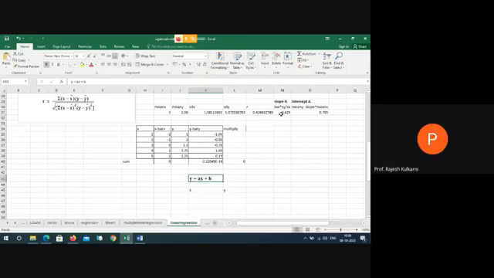Now we have all the values. We have the value of slope and the value of intercept. Let us say the new value of x is 13, and I have to predict the value of y. So I use the formula y is equal to ax plus b.